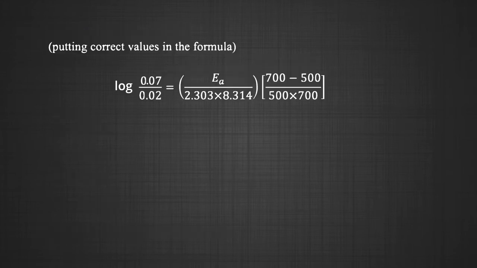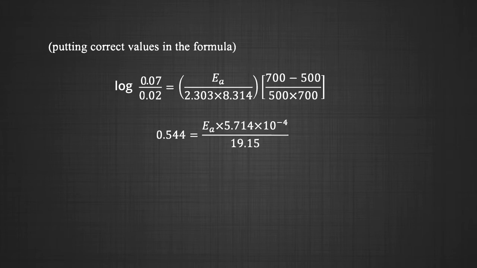Capital R is a gas constant, 8.314 joules per Kelvin per mole. Now, putting the values in the formula, it becomes log 0.07 divided by 0.02 equals EA divided by 2.303 into 8.314, and then (700 minus 500) divided by 500 into 700.